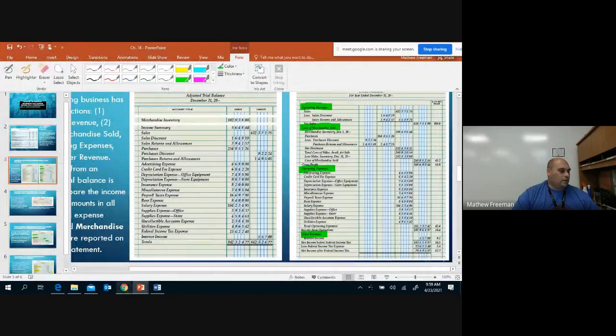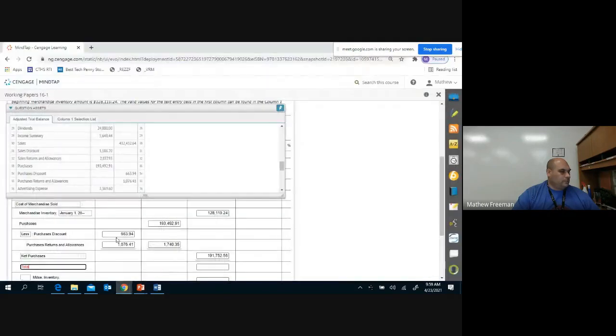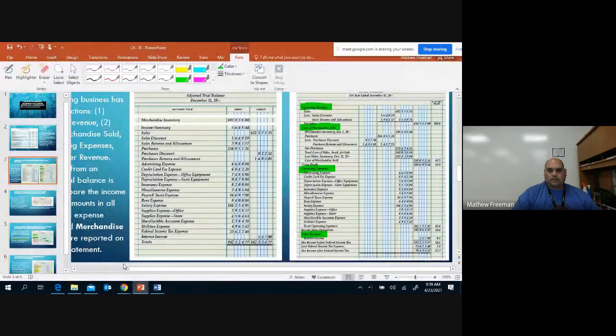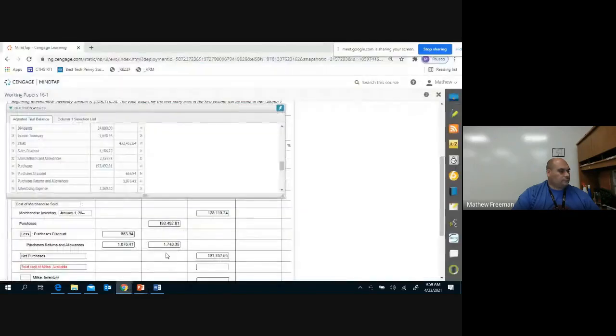Total cost of merchandise available for sale.